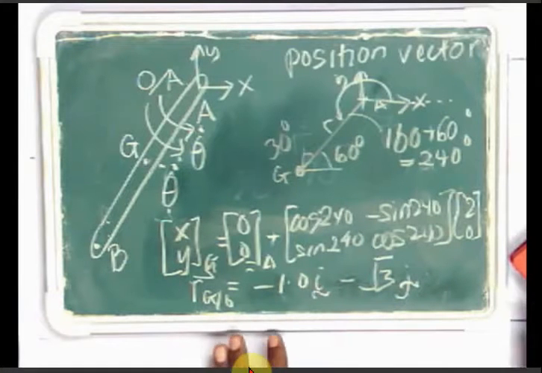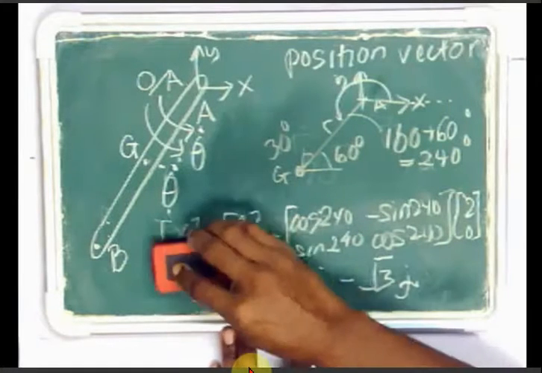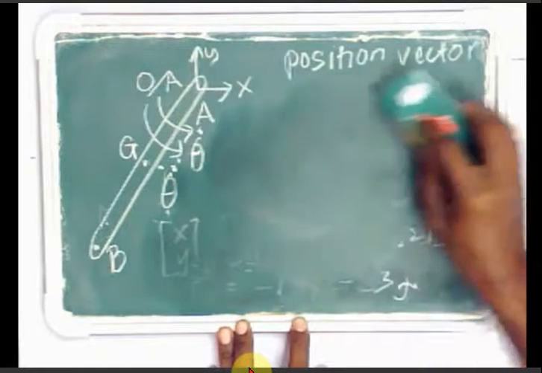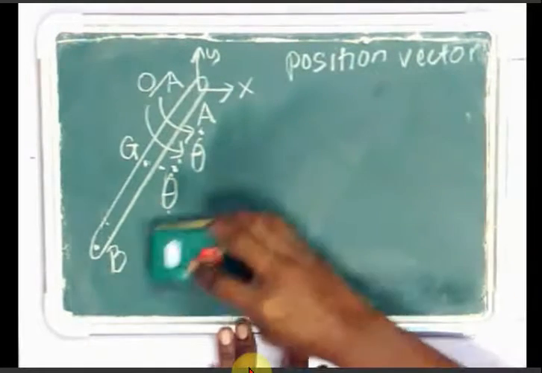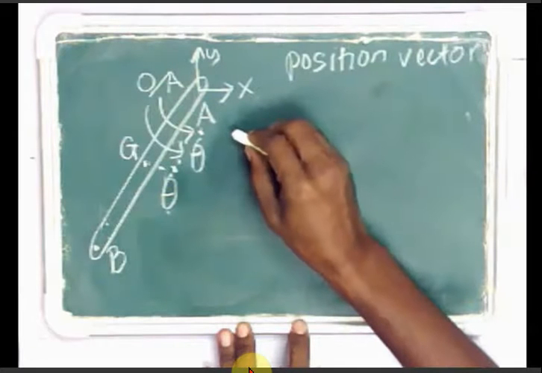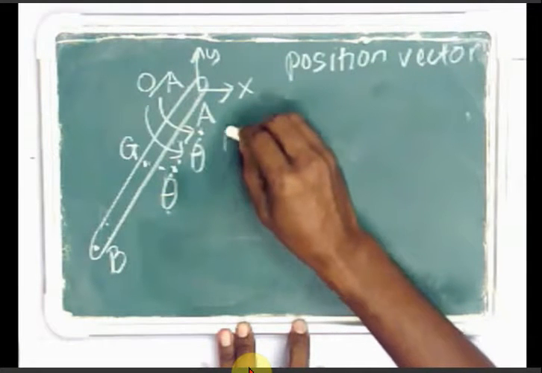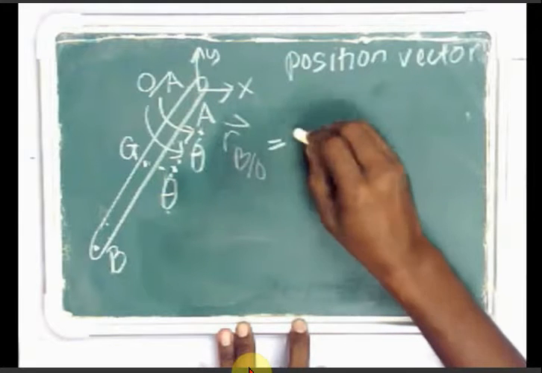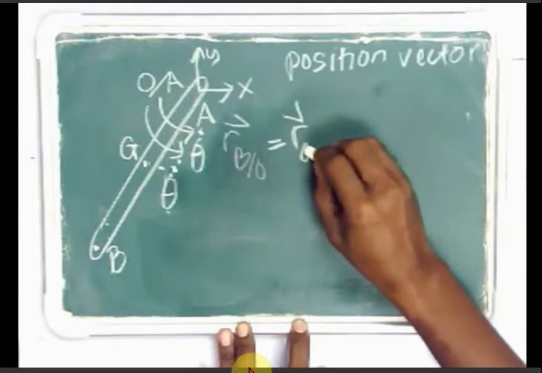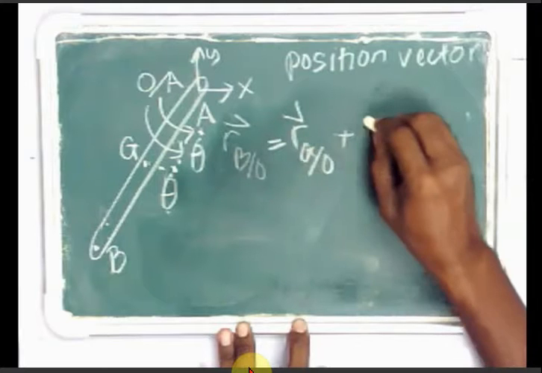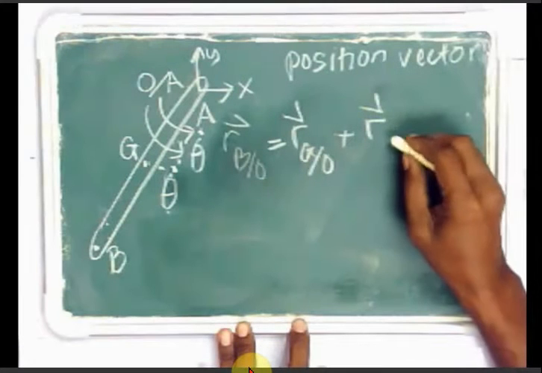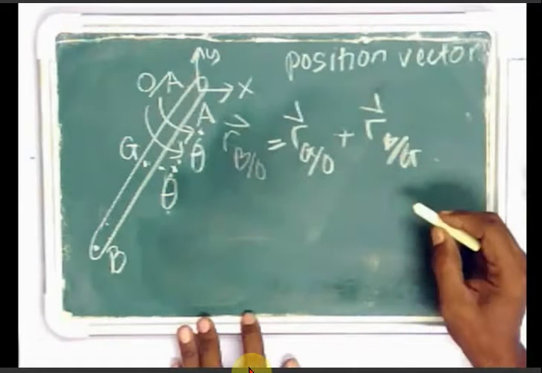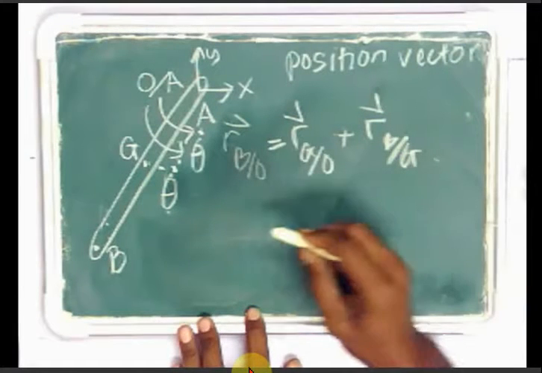Now we're going to look at the position vector for B. Position vector of B is R B. The absolute position will be position vector of point G plus the relative position vector of B relative to G, right? So we are using the same setup just now.